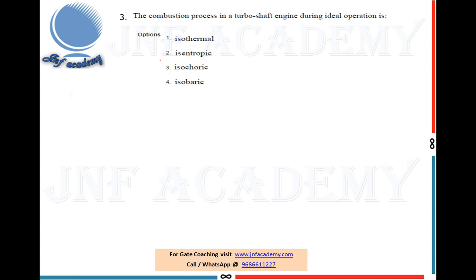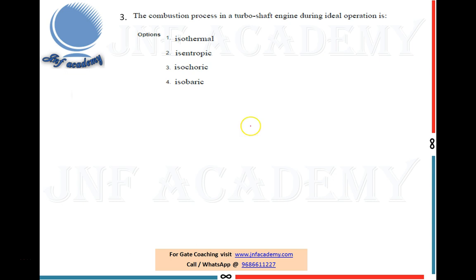The combustion process in a turbo shaft engine during ideal operation is. So in a turbo shaft engine, the combustion process during ideal operation is, the combustion process is always isobaric, which means that there won't be any pressure drop or pressure increase, because always compression will happen at high pressure, but in an ideal combustion process there won't be any pressure drop or pressure increase.